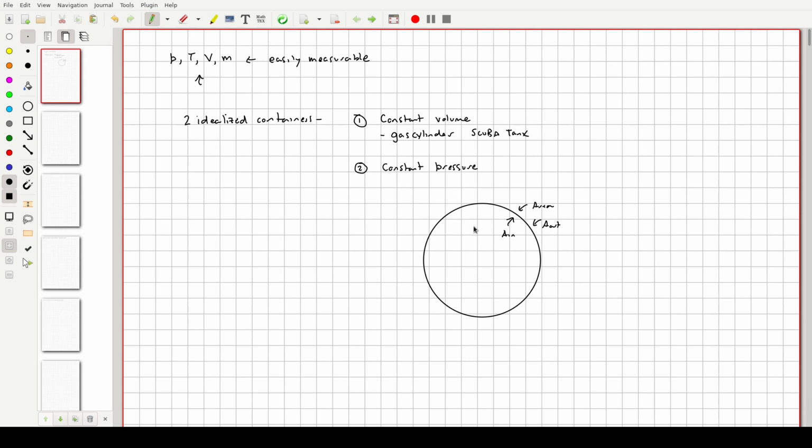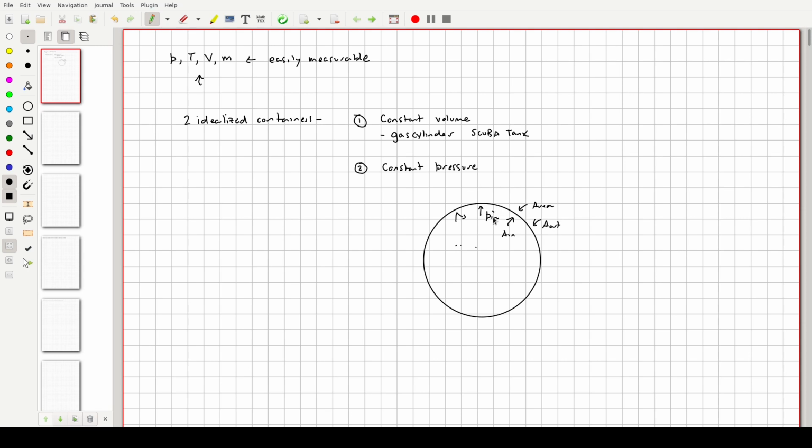And the air on the inside, if you remember our discussion in the last series of lectures, we know it's moving around, colliding against the walls of the interior of this thing. And as a consequence, you have a pressure or a force being exerted on the inside, a force being exerted over the area. So there's a pressure on the inside. Now, this thing is going to expand as you blow air into it. And when you stop blowing air into it, it's going to stop.